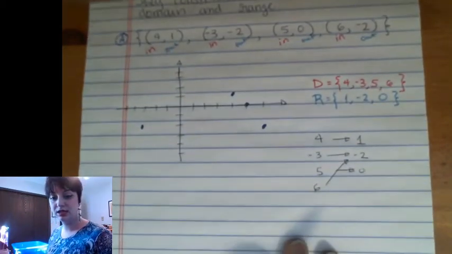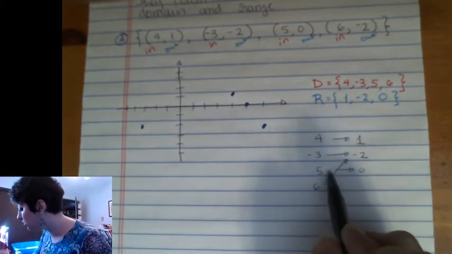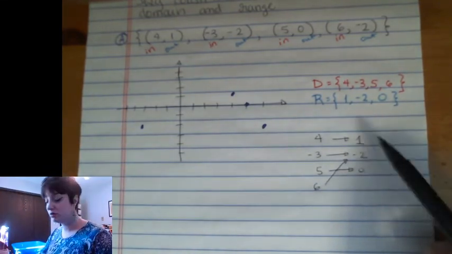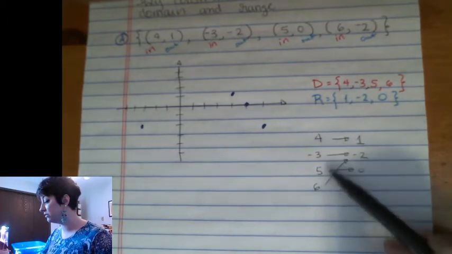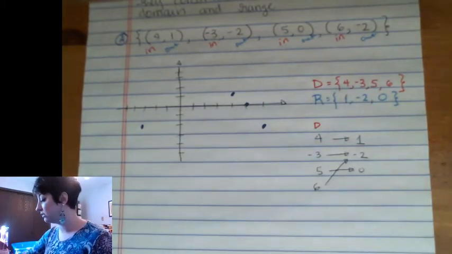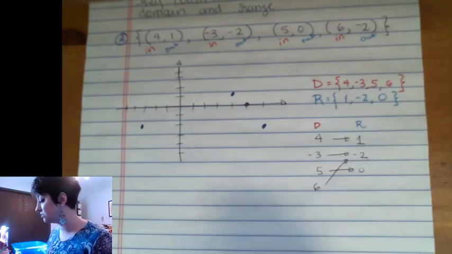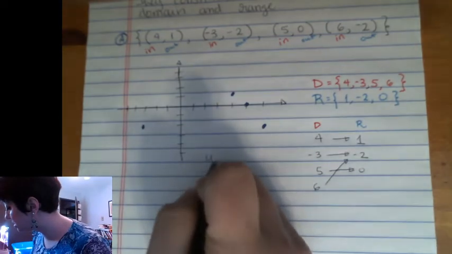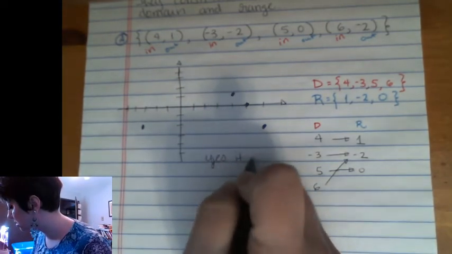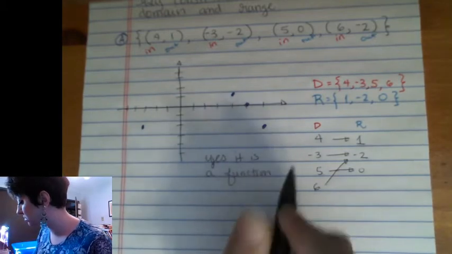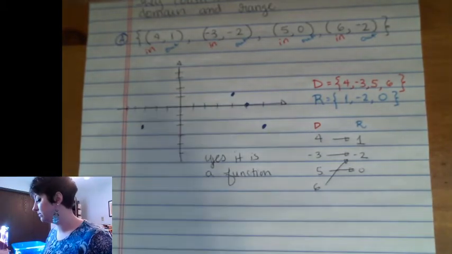So when I see this, I see, oh, well, there's 2 ways to get to -2, but there's only 1 arrow coming from each of the things in the domain. There's my domain. There's my range, right? Yes, it is a function.